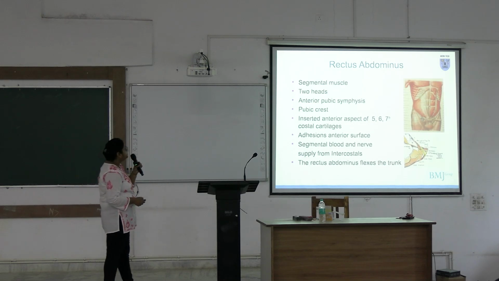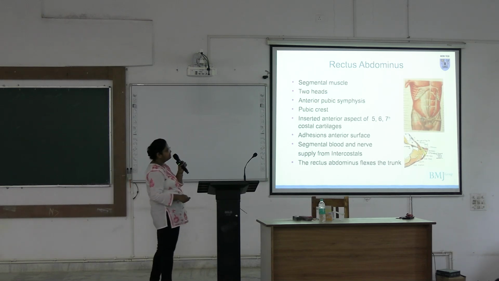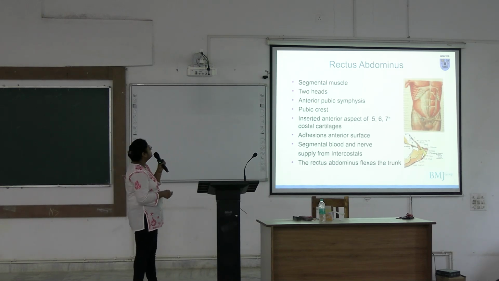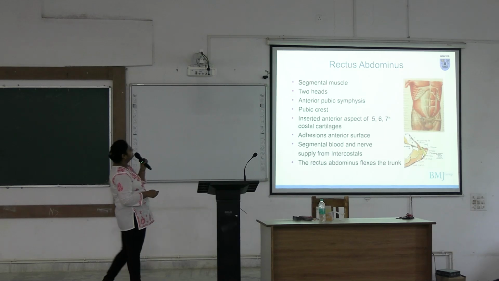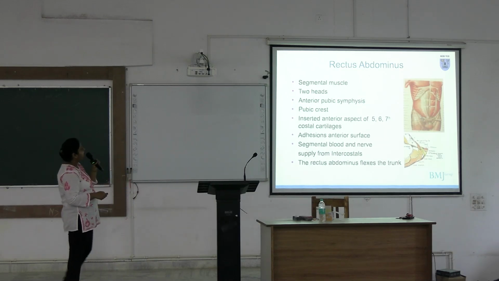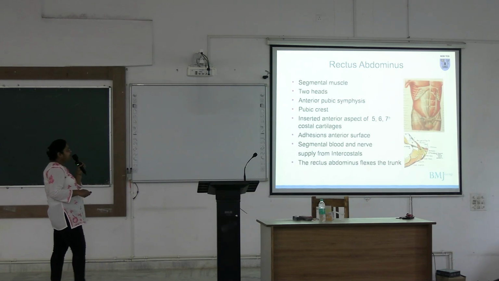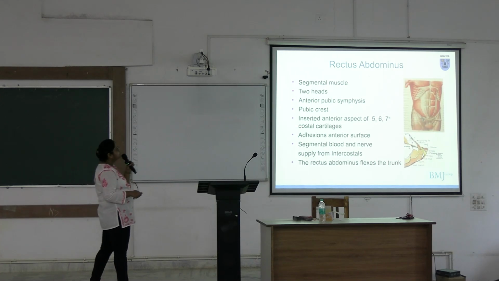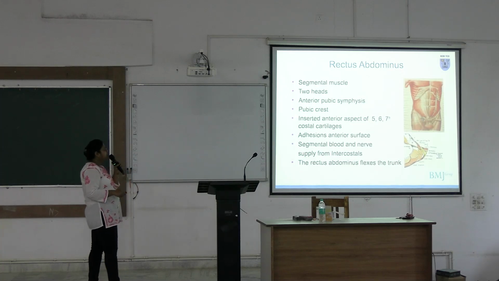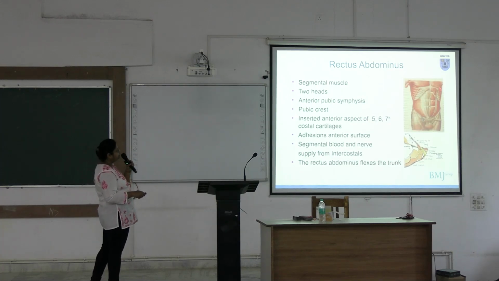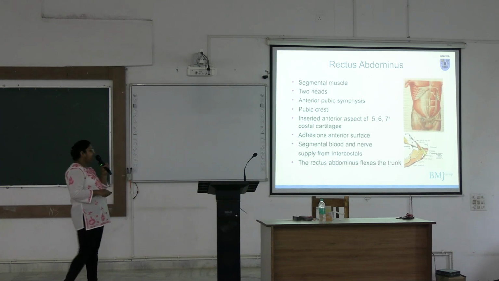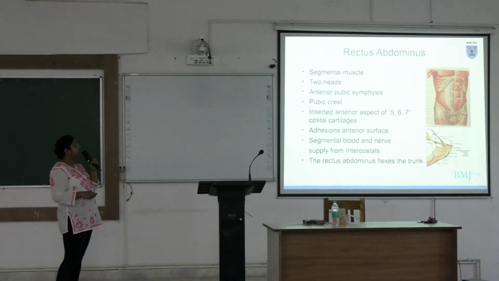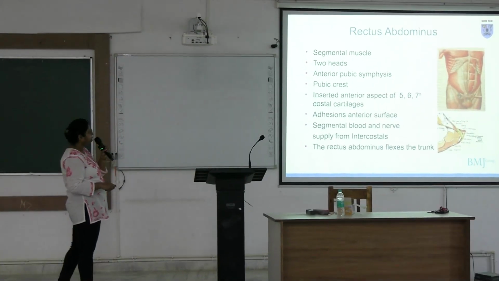There are three tendinous intersections present. So rectus abdominis is a segmental muscle. It has two heads. One head arises from the anterior surface of the pubic symphysis, the other head from the pubic crest, and they are inserted above, over the anterior aspect of the fifth, sixth, and seventh costal cartilages.